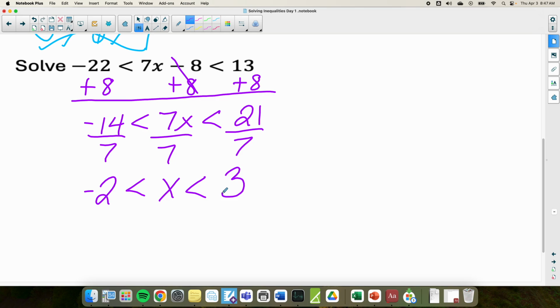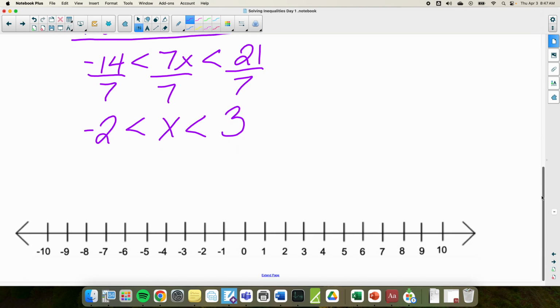When your signs are less than, remember you want this number less than that, and it is. So when we go to graph that one, that is going to be one of the in-between ones. We're going to do an open circle at -2 and an open circle at 3, and we're going to graph in between.